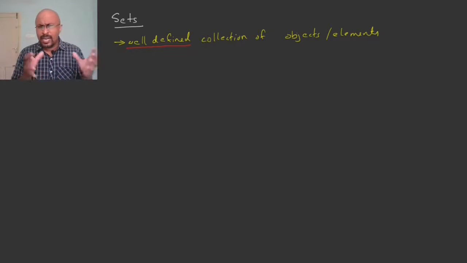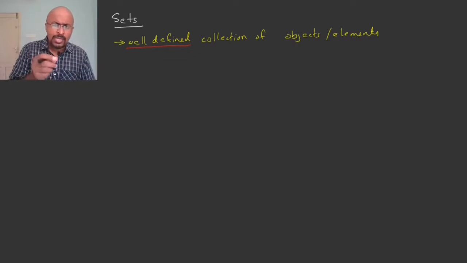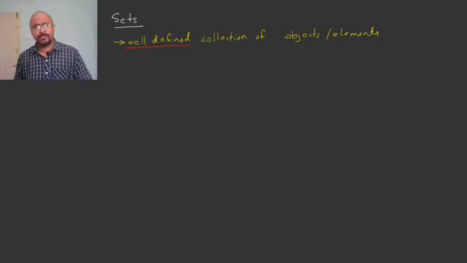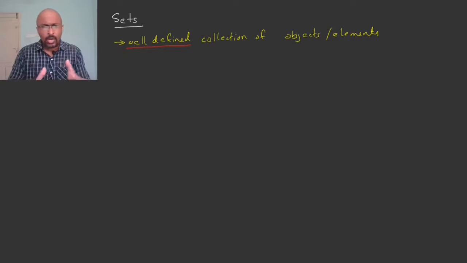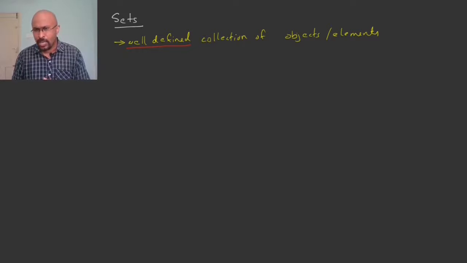For example, if you are talking about the vowels in the English alphabet, we know the vowels in the English alphabet are A, E, I, O, U. So, it is clear that it includes A, E, I, O and U. If you are talking about B, we can definitely say it is not in that collection. If you are talking about I, we can definitely say it is there in that collection.